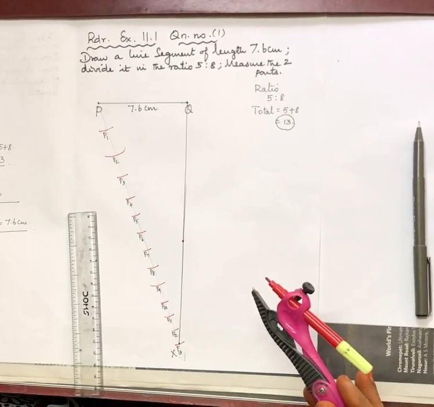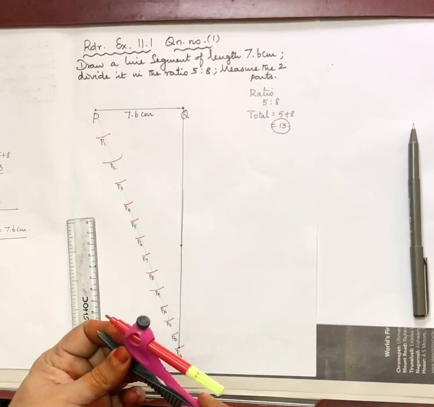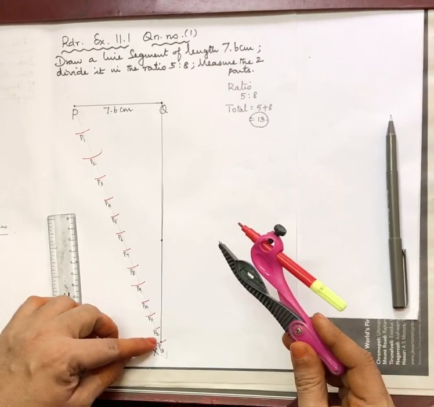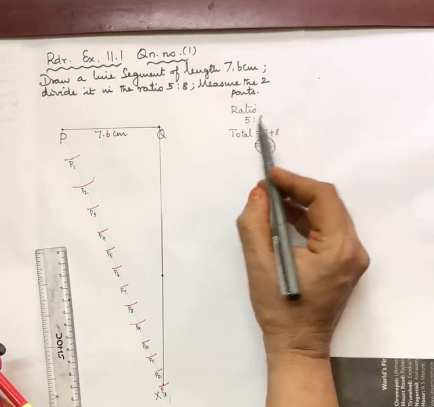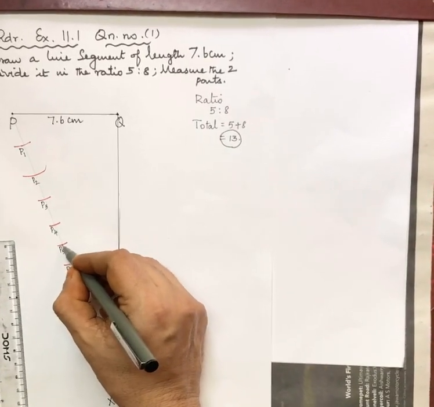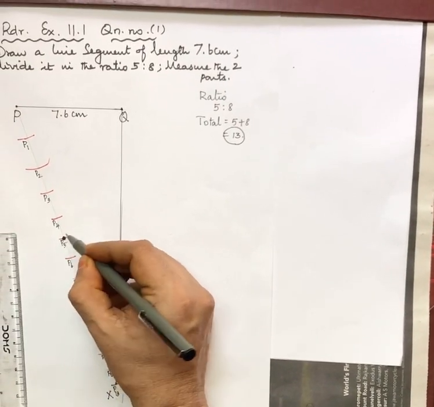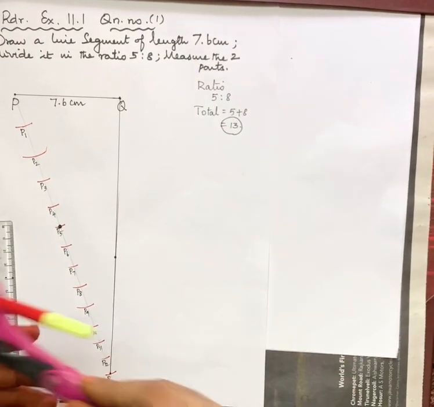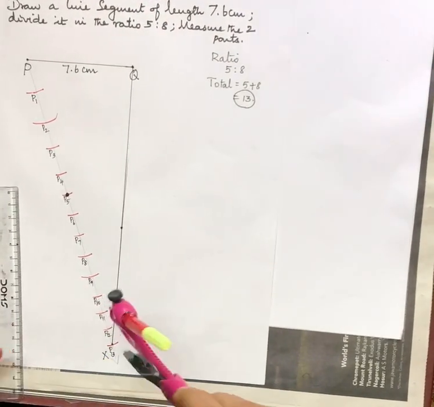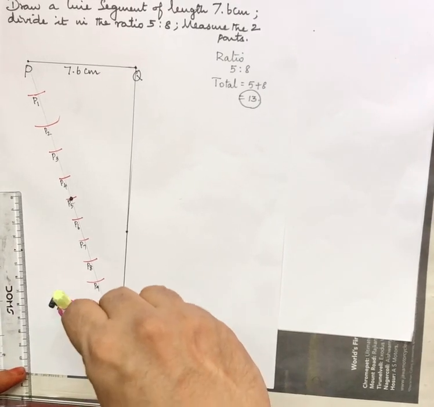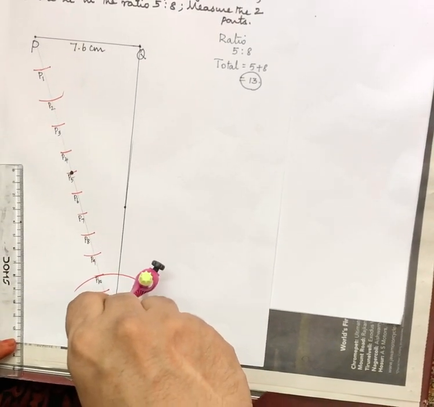Now I am going to draw a parallel line for this. The ratio's first number is 5. So mark a point on 5. Now keep the needle on P13, with a convenient radius, and draw one arc like this.